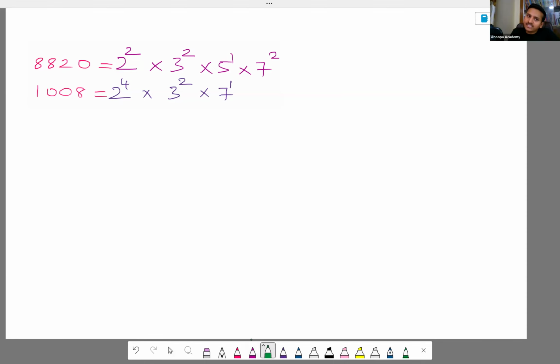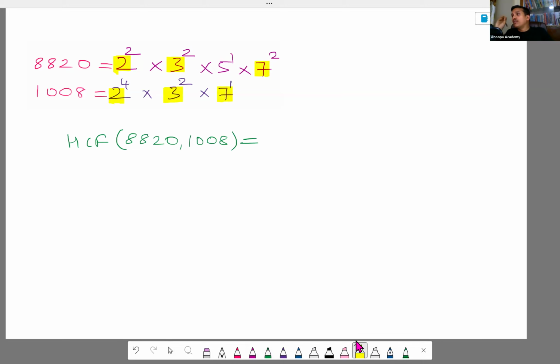To find the HCF of these two numbers or any two numbers by the prime factorization method, first of all, we see the common prime factor. See, 2 is common, 3 is common, and 7 is common.